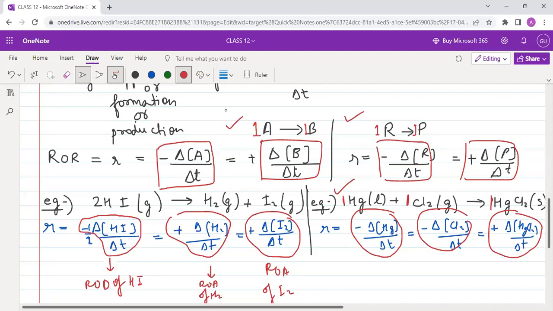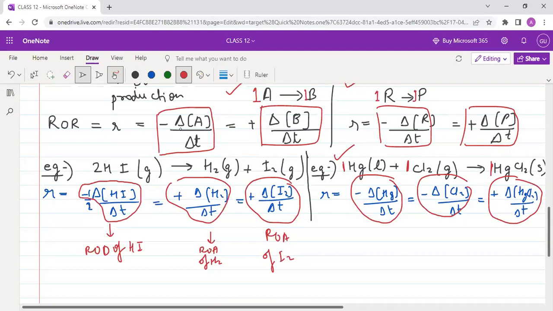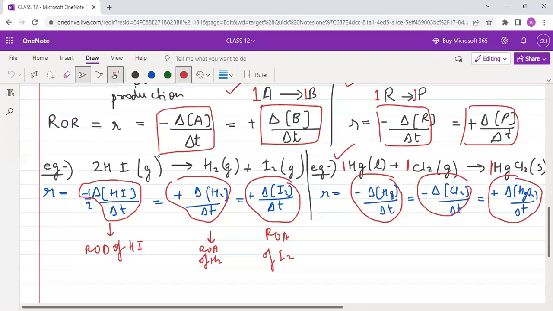So we are seeing that the rate of appearance and the rate of disappearance were the same. That's why they were coming out to be equal. But in this one, where the stoichiometric coefficients are not the same, you are seeing that the stoichiometric coefficient is getting divided, it is coming in the denominator.